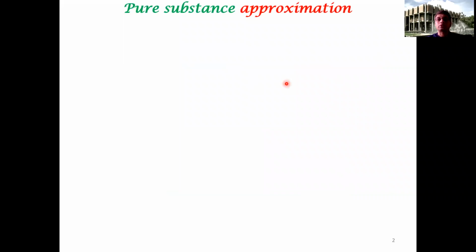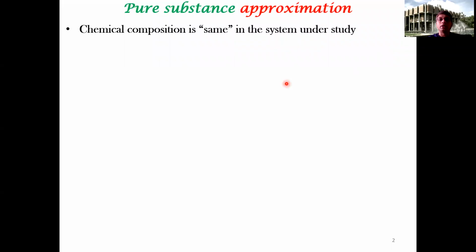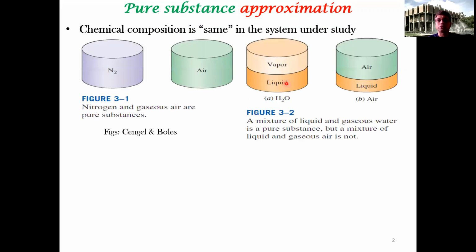So your textbook starts with the definition of a pure substance. I would like to emphasize that this is what I would call a pure substance approximation, so I'll clarify what I mean by that. The textbook defines that if the chemical composition is the same within the system, you call that system a pure substance.